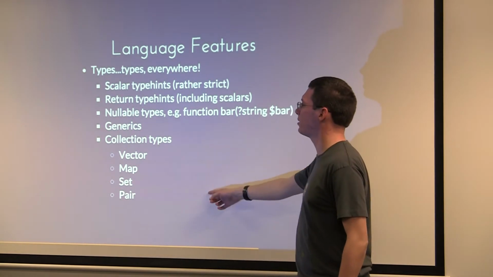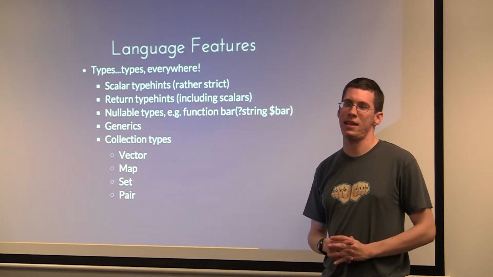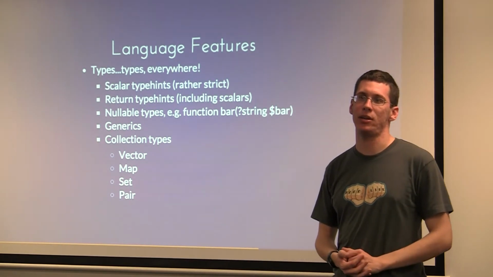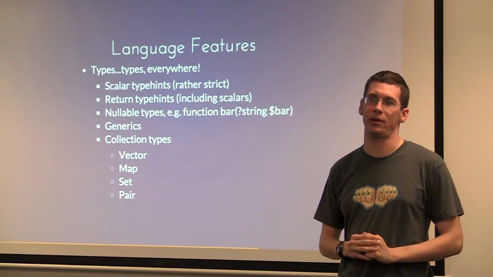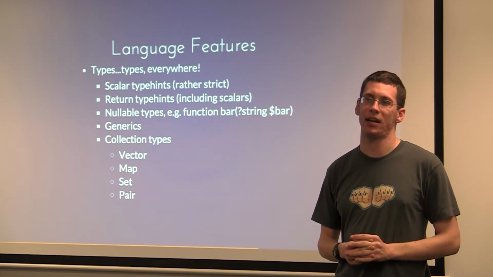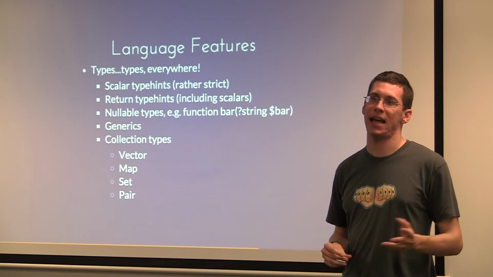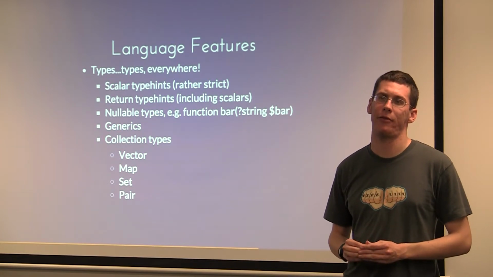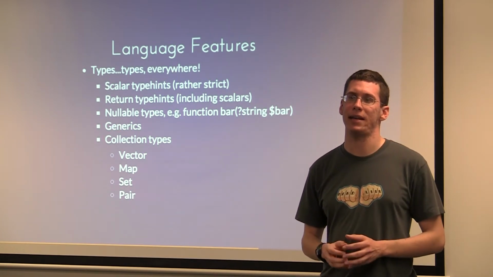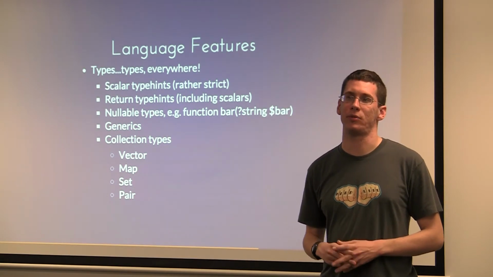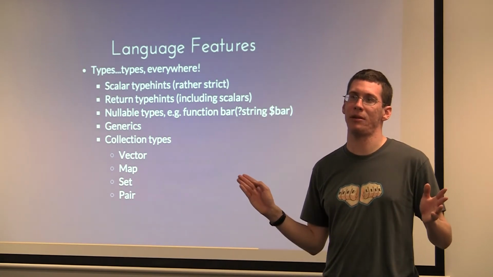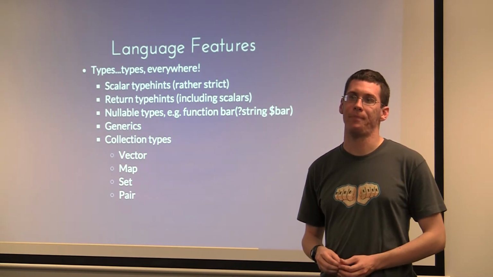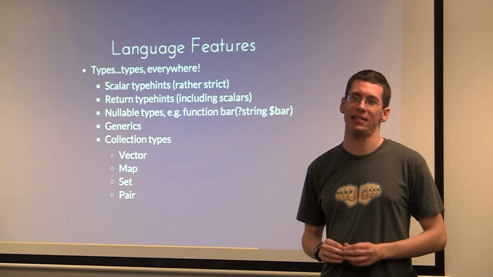Which leads into these collection types. Instead of having the array be the end-all, be-all place that you throw data, you can use more structured ways of having a collection of data, whether that's a map of, say, strings to objects, or a pair of an integer and a string, or a vector of strings, which would be your, in every language other than PHP, array, where it's numerically indexed and every object within it is the same type.